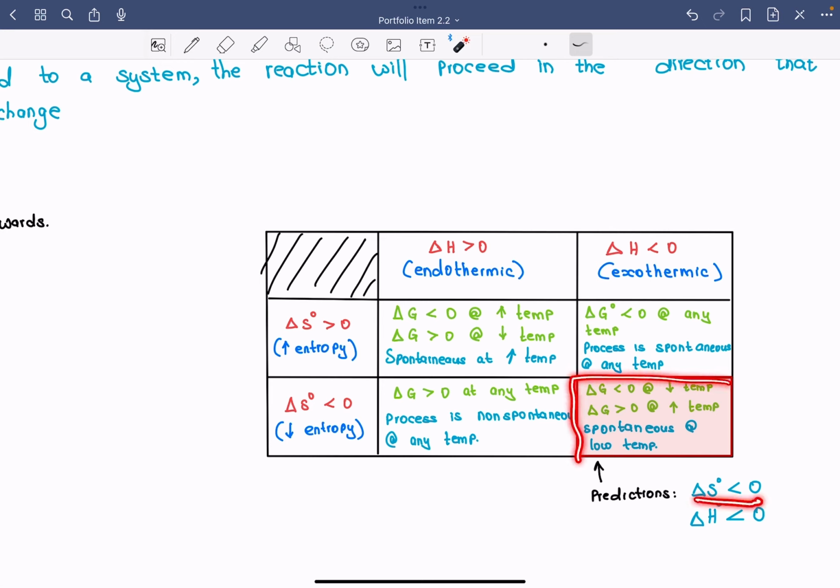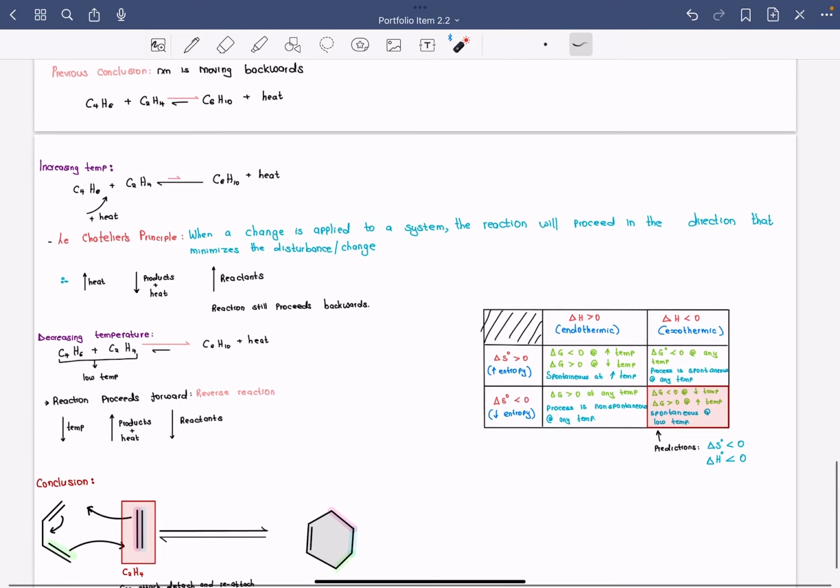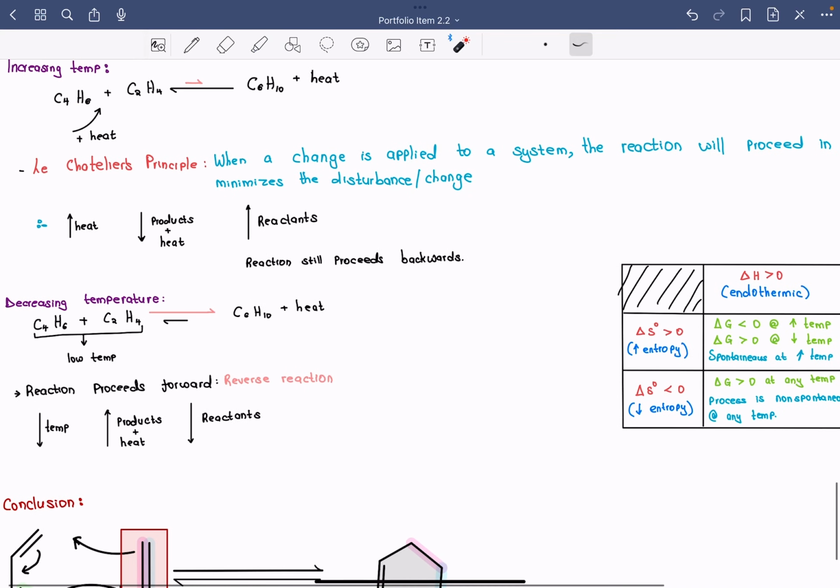That gives us this prediction where delta G is going to be less than 0 at low temperatures, and delta G is going to be greater than 0 at high temperatures. And if delta G is less than 0 at low temperatures, that makes the reaction spontaneous at low temperatures. That echoes what we found here, that at low temperatures, our reaction is proceeding forward.